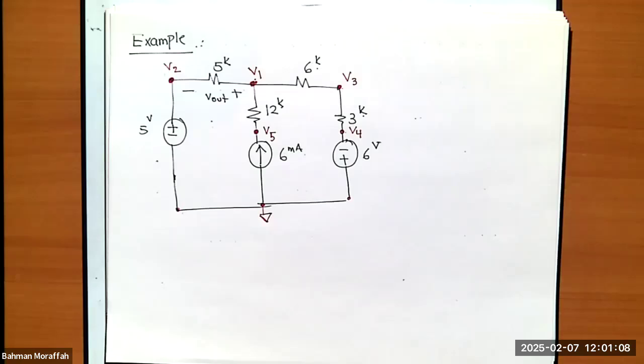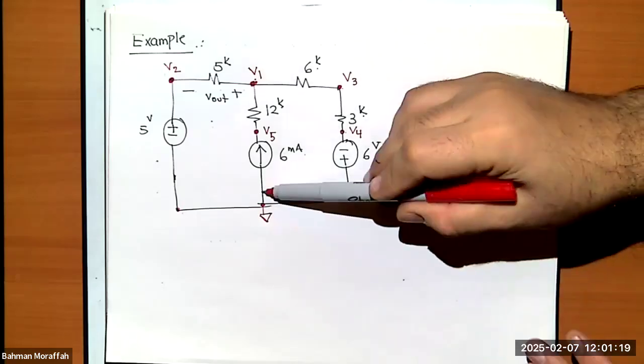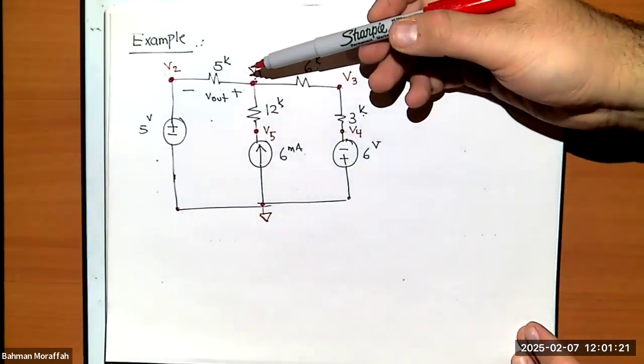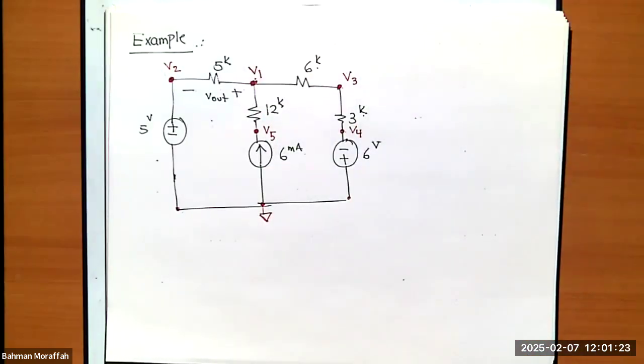What is it? Look at that branch. I know exactly what current through it is. If I look at this branch, I know exactly what current through this branch is. What is that current? That's 6 milliamps. So there's no point writing KCL, or knowing voltage across it.